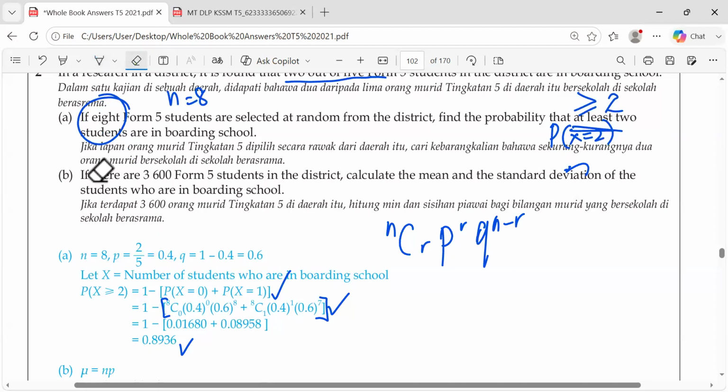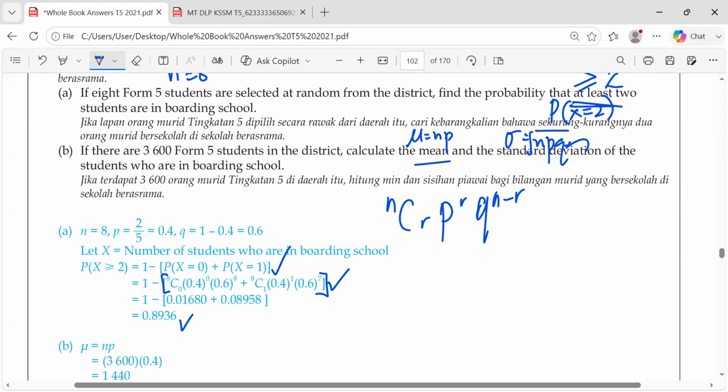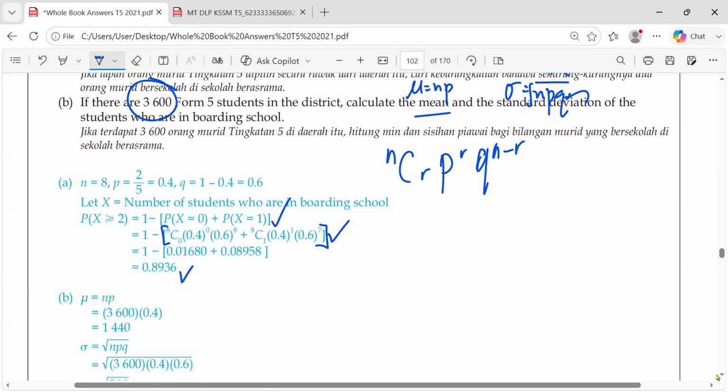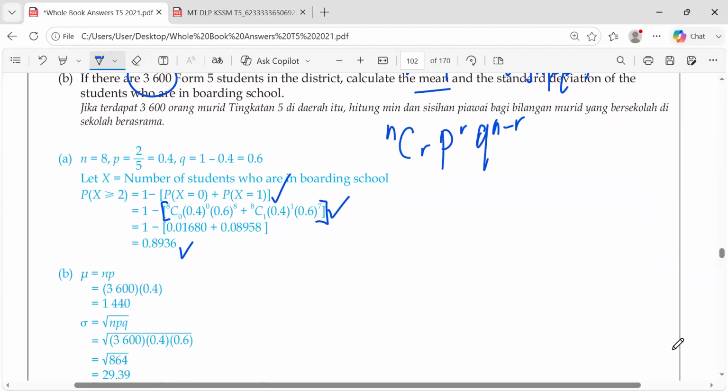For the second one, if there are 3,600, calculate the mean and standard deviation. Just substitute into the formula, 3,600 inside, and you get the answer. Very easy. You have to memorize that.